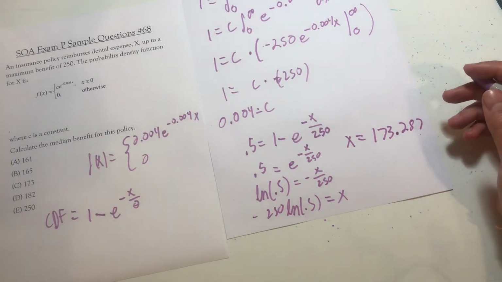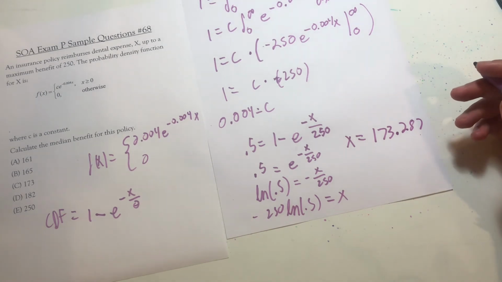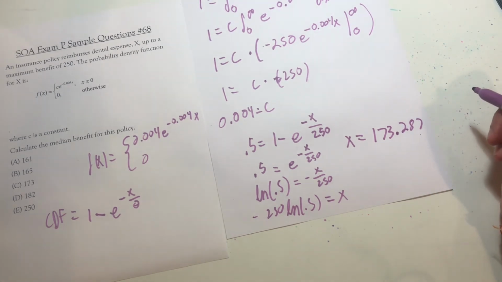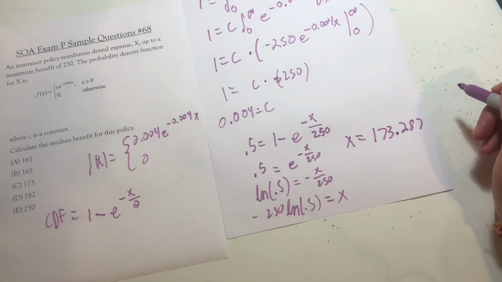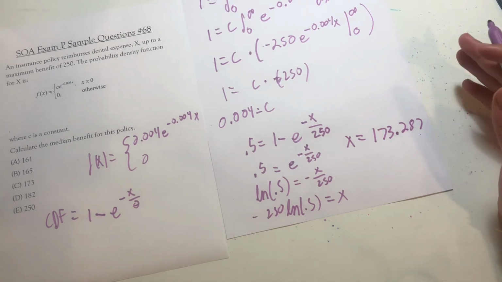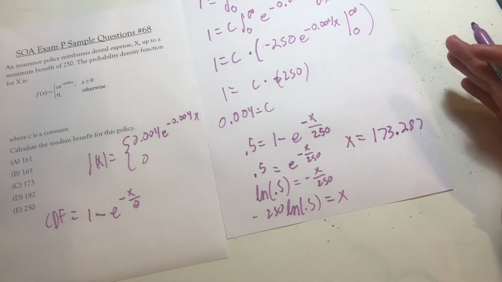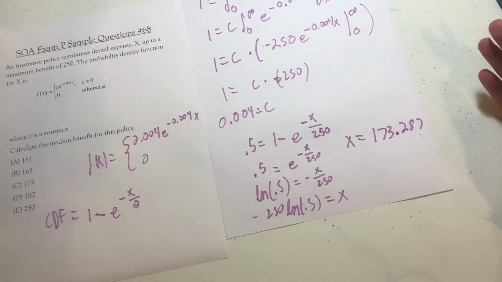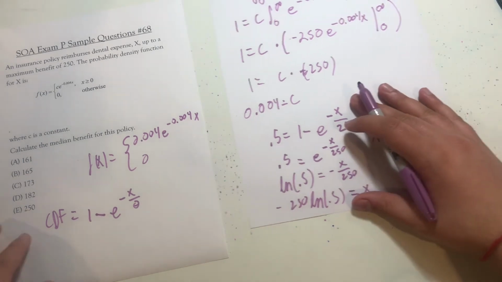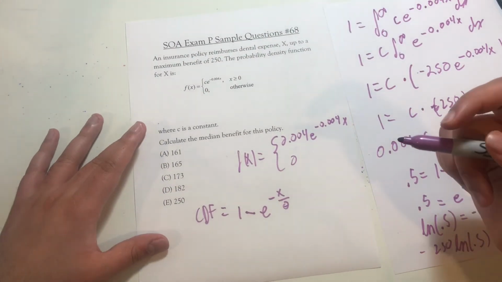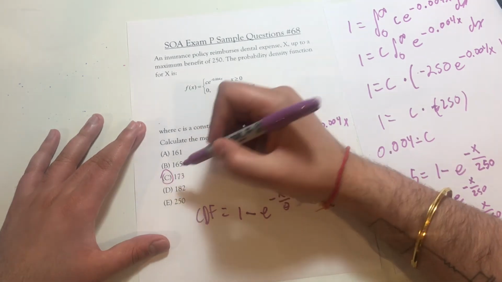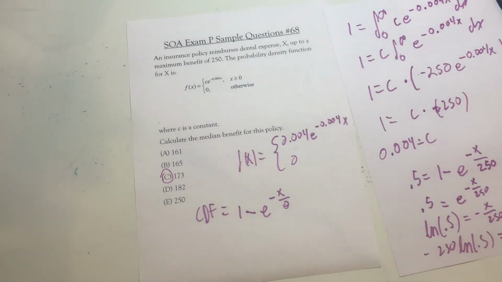That's our loss. Now, here's the thing. That loss never actually hits our max benefit, so that's not something we really need to consider in this case. The median payment is the median loss because the benefit is never taken into consideration. We never actually hit the max. So we just result with answer choice C.